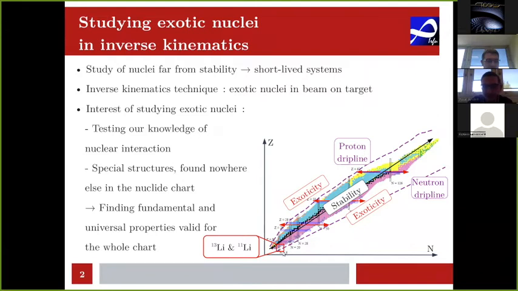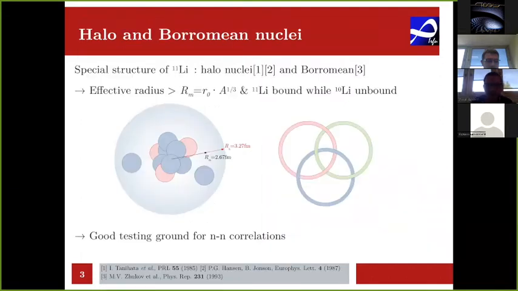neutron drip line side. So here in this small square that I have put on the chart, with the neutron-rich lithium isotopes. So the lithium isotopes, and especially lithium-11 is a canonical example of that, are halo and borromean nuclei.